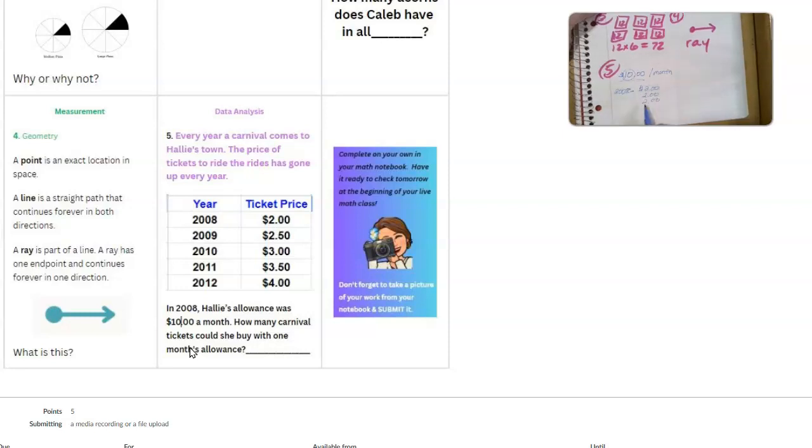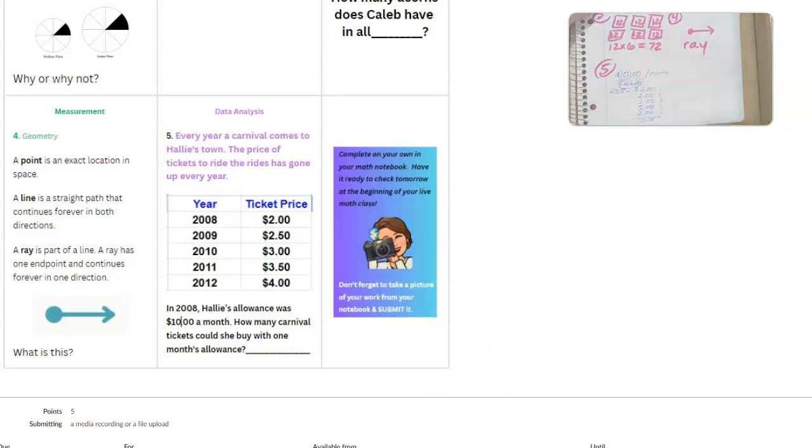We're almost there. Another $2 and another $2 for a total of $10. 2, 4, 6, 8, 10. So she could buy 1, 2, 3, 4, 5 tickets. 5 tickets. Final answer.